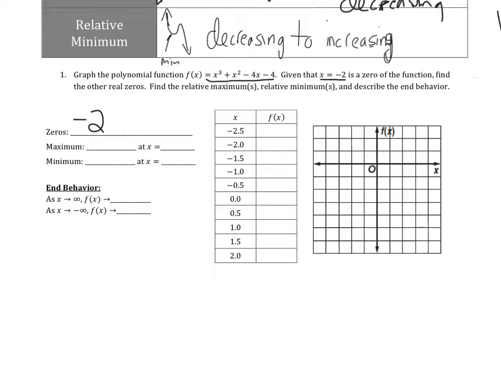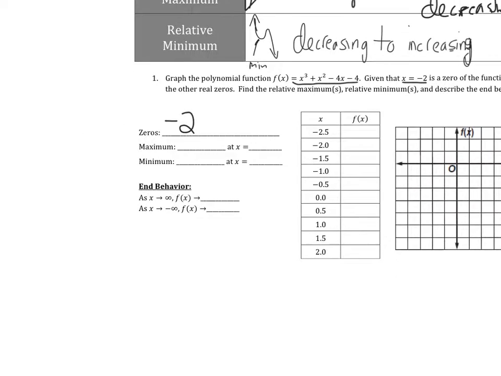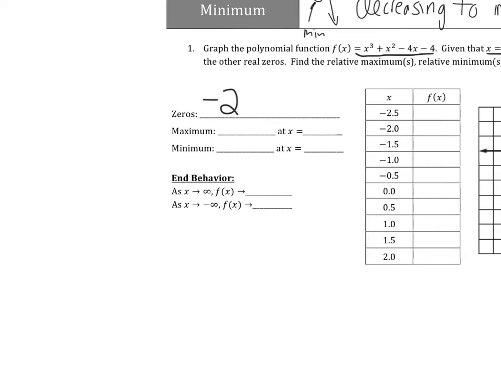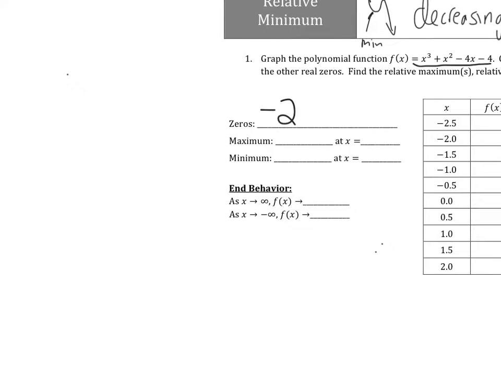So what I can do then is take this function and run synthetic division on it. 1, 1, -4, -4. And I can use -2.